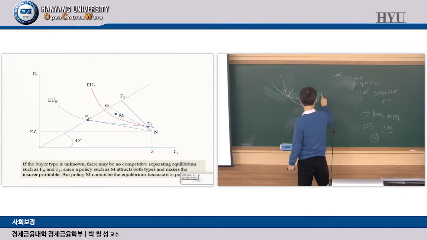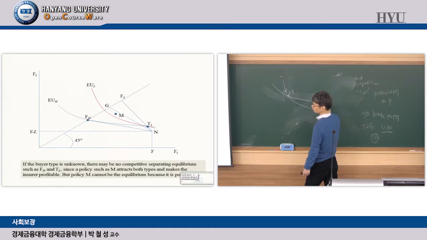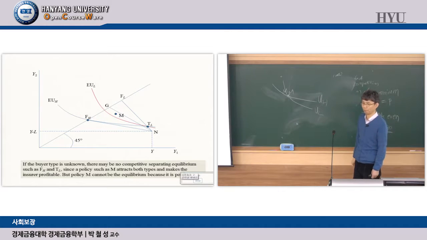So this is going to be the high risk type. This is going to be the low risk type. But it's the same reason.